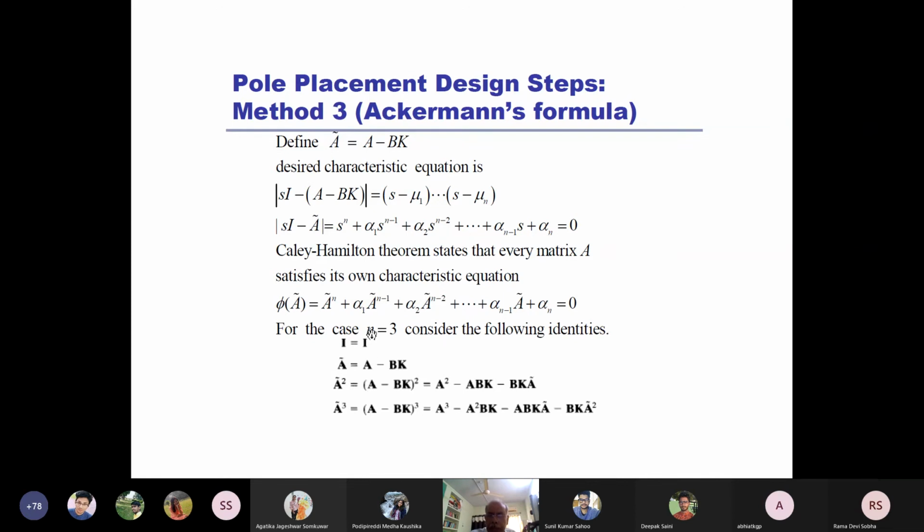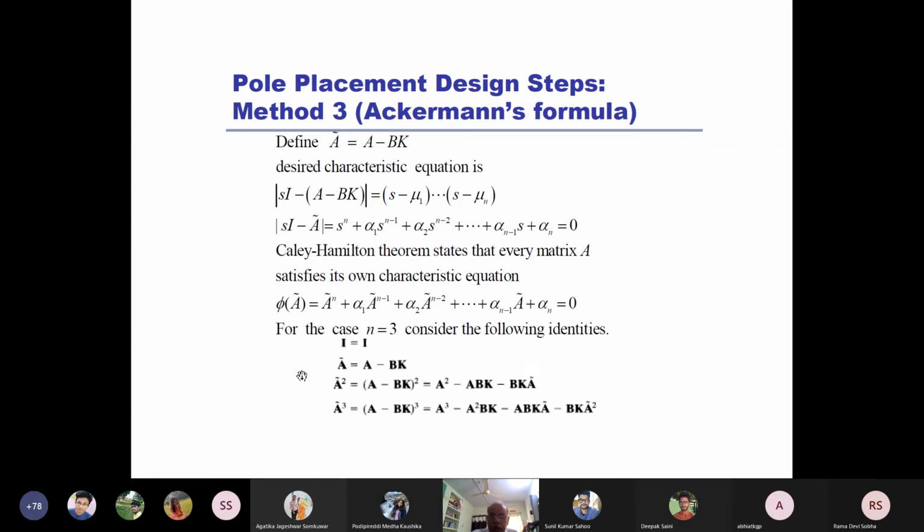For n equal to 3, it will be alpha3, alpha2, and alpha1. So A hat is A minus BK, A hat square is A square minus ABK minus BKA hat, and A hat cube will be (A minus BK) cube, which can be written in this form: A cube minus A square BK minus ABK A hat minus BK A hat square.